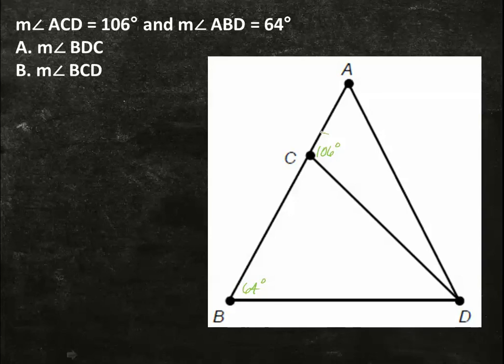Well, look right here. These two angles right here, let me write this out. The measure of angle ACD plus the measure of angle BCD equal 180.